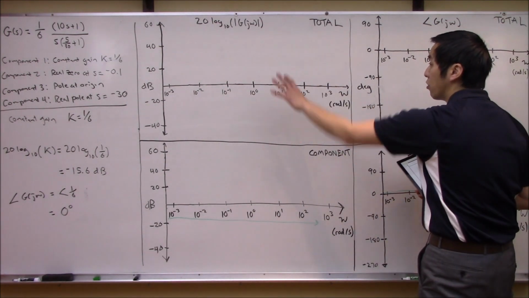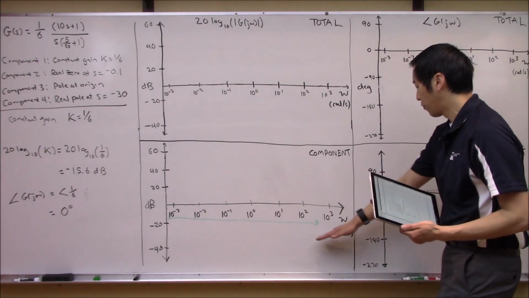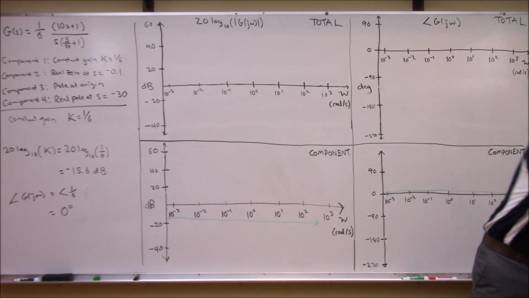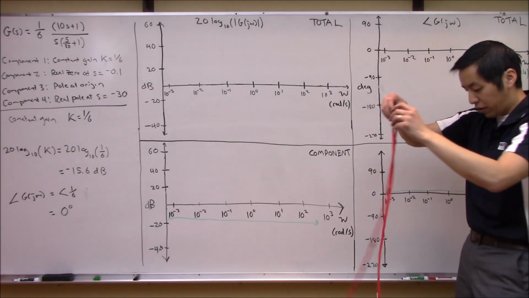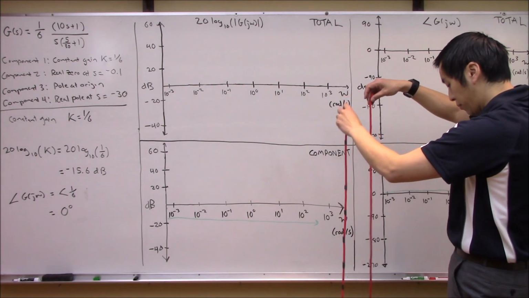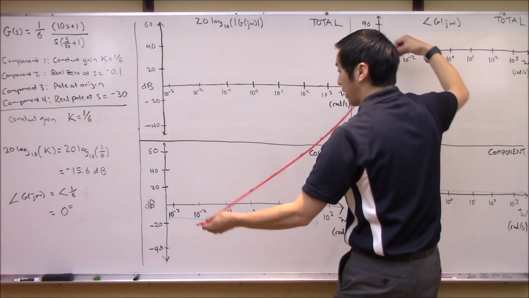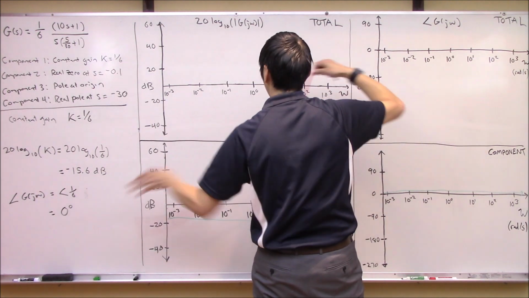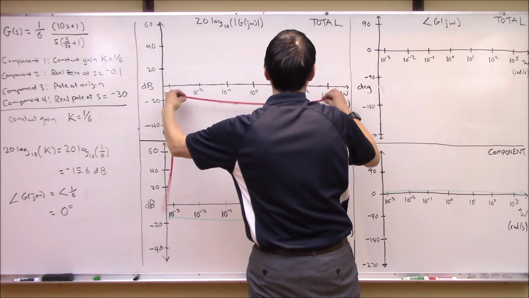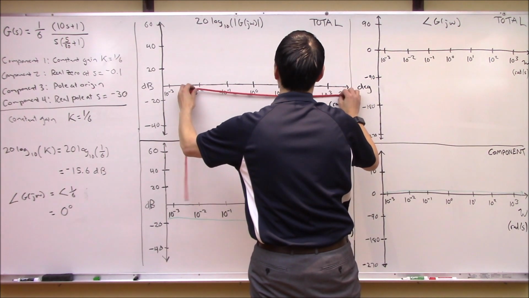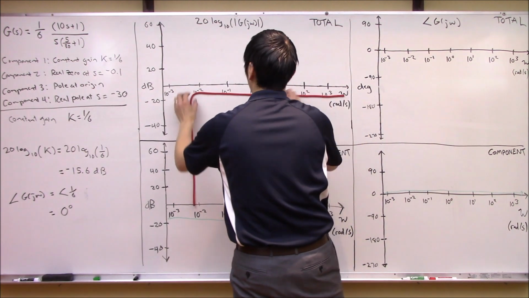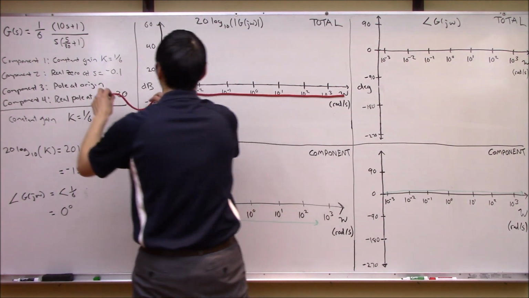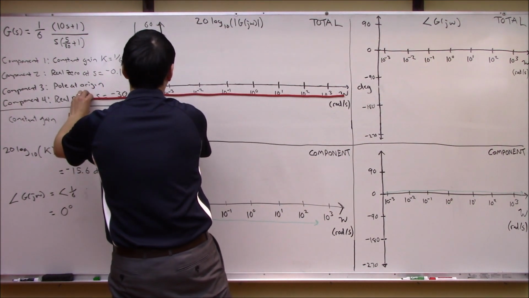So let's look at the total Bode plot. The total Bode plot so far is just this component. I made myself a little bit of a prop here to help us when we are going to be modifying this a lot. So I want to put a constant line here at a magnitude of around minus 15.6. Sorry, I guess I made my string a little bit too long here.